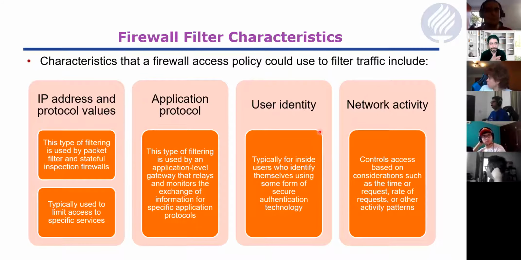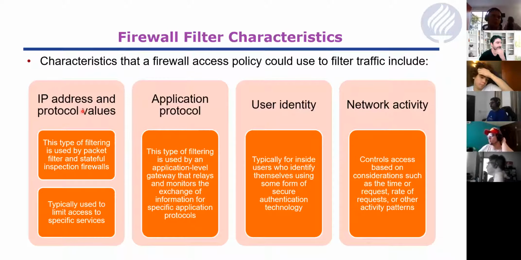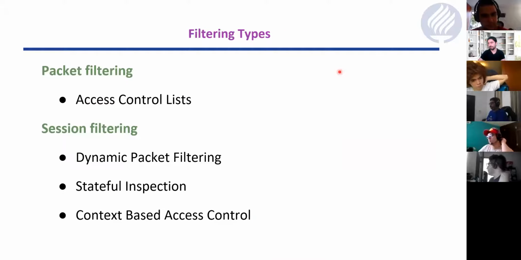Or for network activities, where you control access based on considerations such as the time of the request, rate of the request, or other activity patterns. Based on all those things, you can start filtering the traffic: IP address and protocol values, application protocol, user identity, network activity. Because at the end, you have to set certain policies in order to study the packets and let the packet pass through or not pass through.